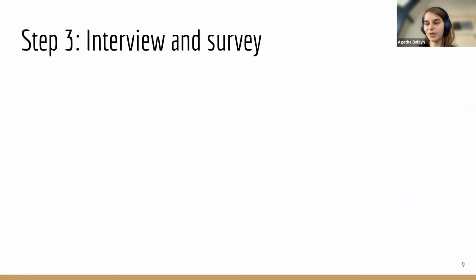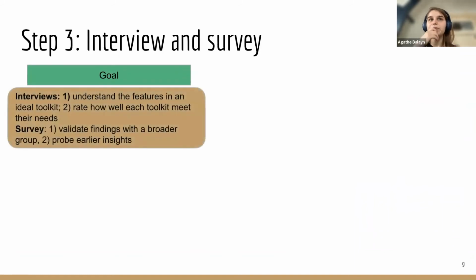So then the last part of the work is about these interviews, so semi-structured interviews and more general surveys on these 5 toolkits. And there the goal is to get more insights into what are the features of the toolkits that are the most useful or expected by practitioners, and how well the toolkits actually serve these functionalities.